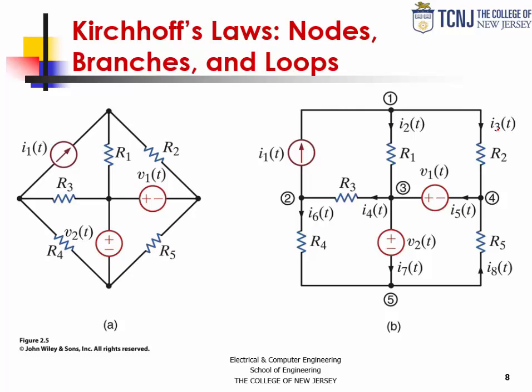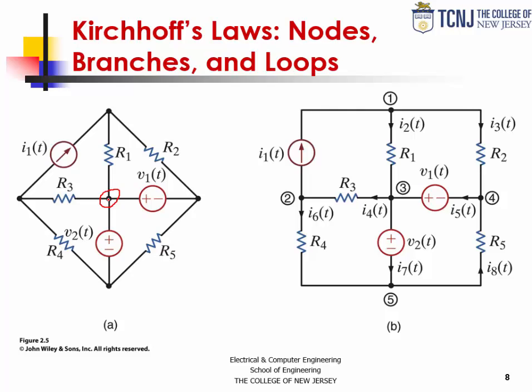The first concept is a node. Let's define formally a node. A node is a single connection point in a circuit that has the same voltage. So we see a node here connecting four wires, and it's a single connection point, and since it is all connected, it's going to be at the same potential.